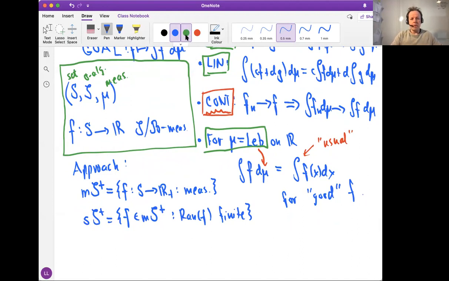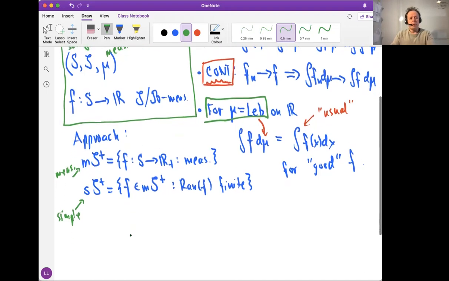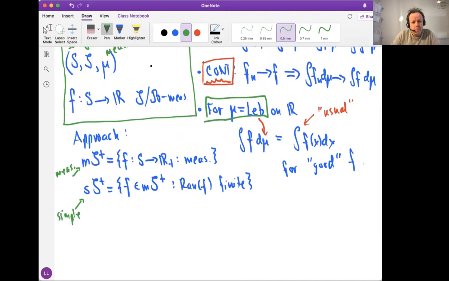And what does this little s mean? M stands for measurable. S stands for simple. As I maybe mentioned before, in my opinion, it's a bad name, but that's what people call them. Simple functions are functions which only take finitely many values. And the approach is that we define an integral for the simple functions first.